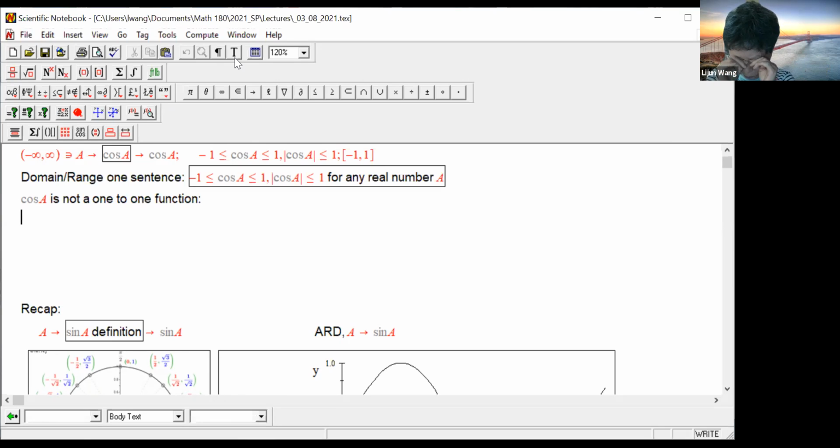Why is it not one-to-one? You're absolutely right, it's not one-to-one, but why is it not?